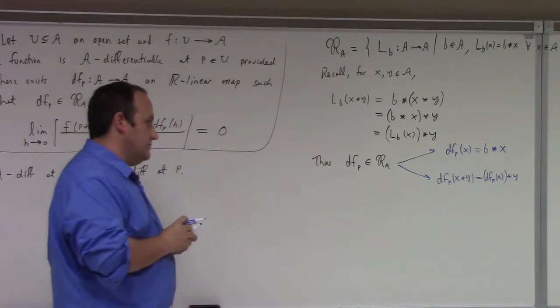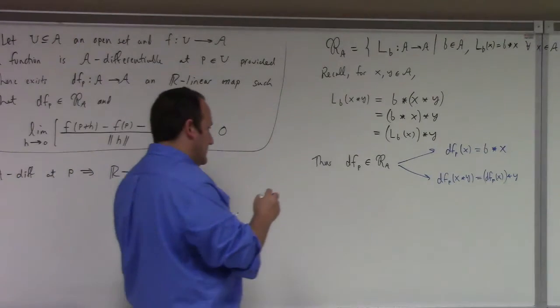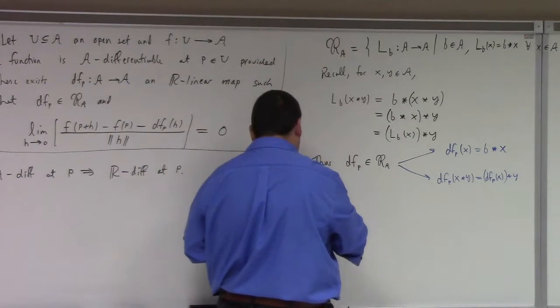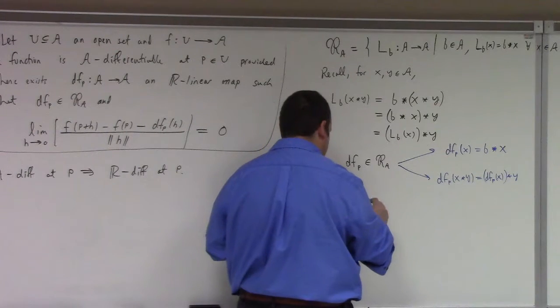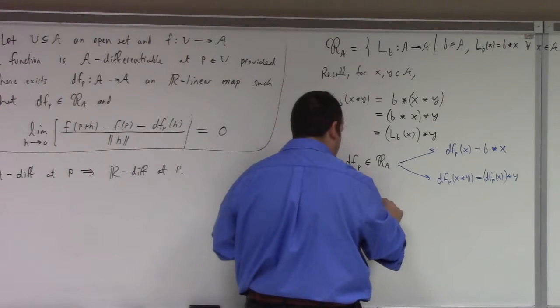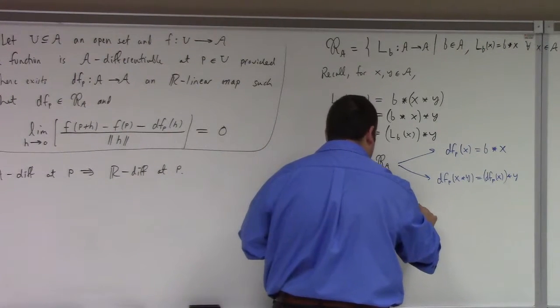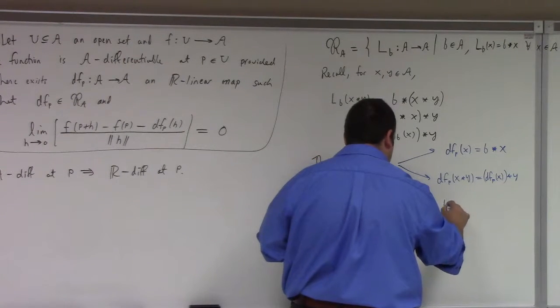Now, if you think back, you might remember what the significance of b is. What is b actually equal to here? Let's let x equal 1 in the algebra. What is dfp of 1 going to be equal to? b times 1.